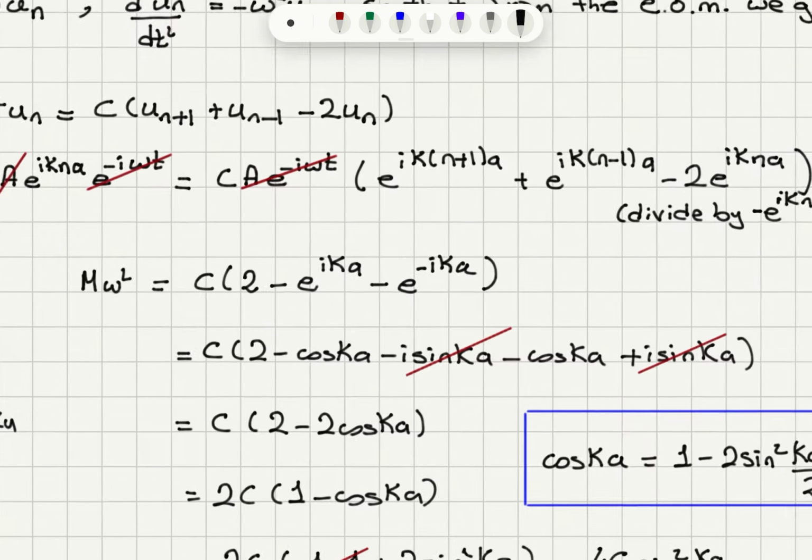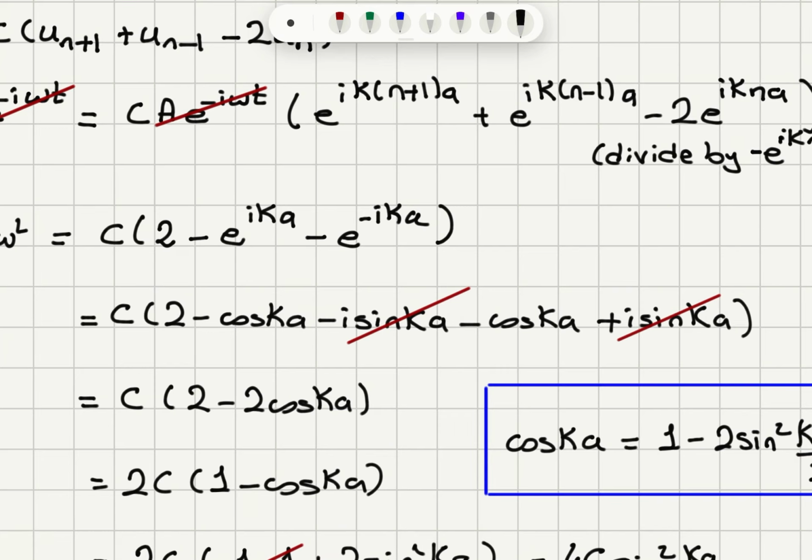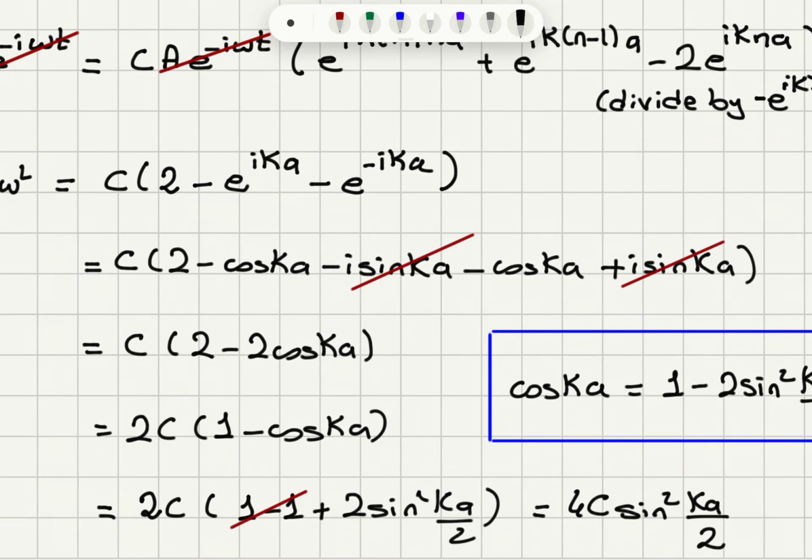So I substitute that here, 2 minus cosine ka minus i sine ka, and then with a minus sign here, minus cosine ka minus i sine ka becomes plus i sine ka. So you can see that the i sine ka's will cancel. So c times 2 parentheses 1 minus cosine ka is what we get.